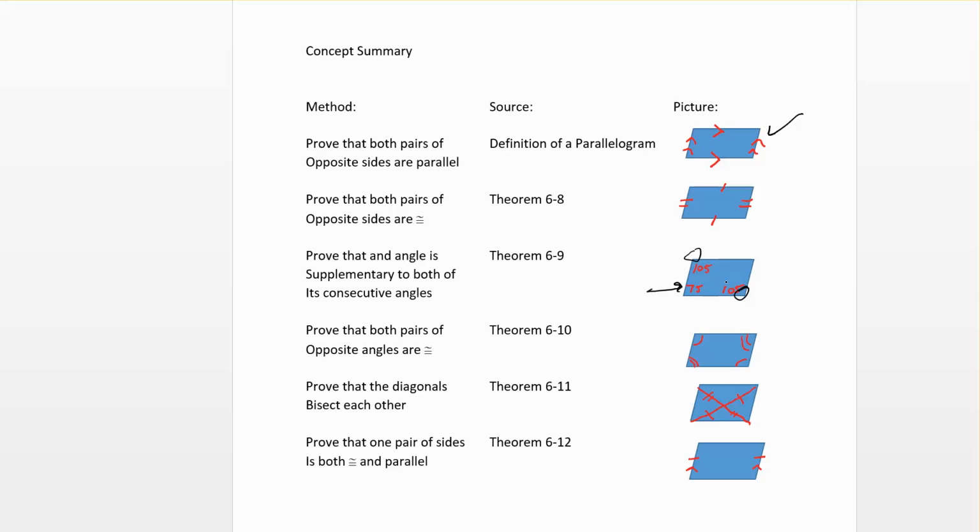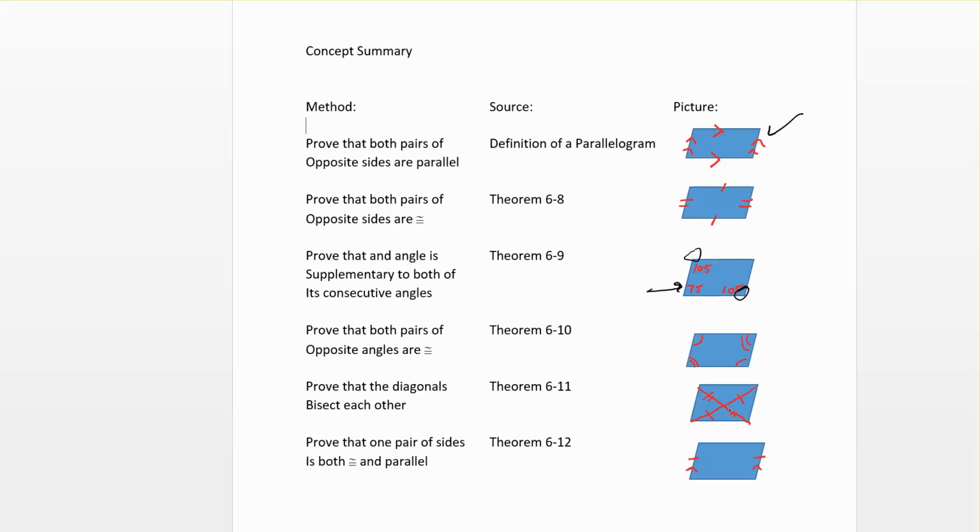The fourth way is to prove that both pairs of opposite angles are congruent. That's theorem 6.10. You can see how I have that marked in the diagram. The fifth way is to prove that the diagonals bisect each other. In the picture, I have the two diagonals, this one getting cut in half, and these both have one hash mark. And this diagonal getting cut in half, they both have two.